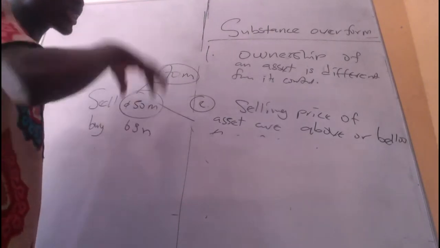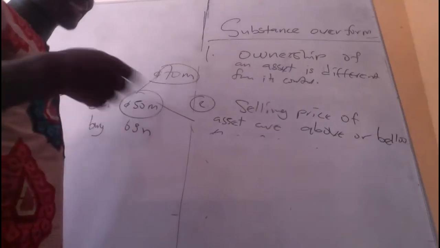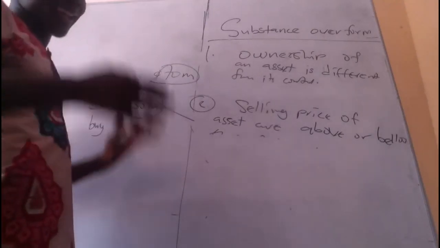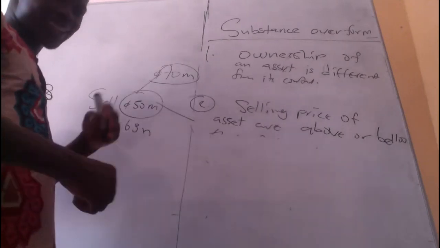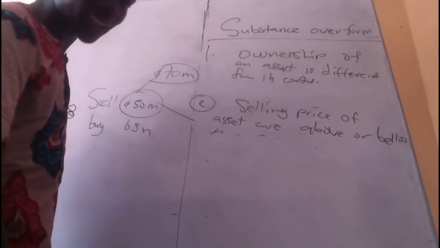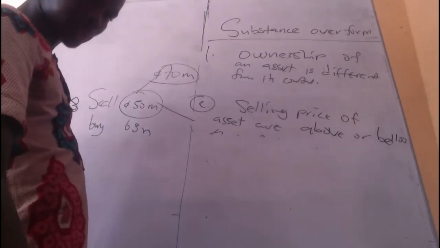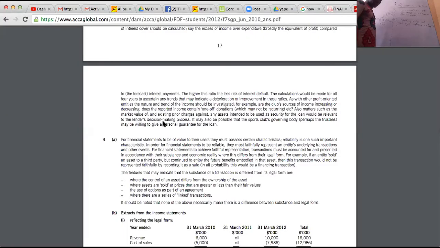Please, it does not suggest that anytime I sell my asset to you at a lower or higher price, it means substance over form. No, it's an indication, it may suggest. So let me lead you to a question, because this question is very slippery. I'll tell you the origin of the question.